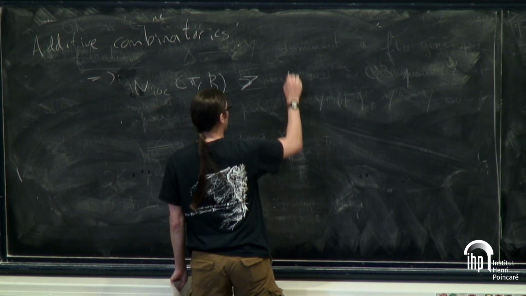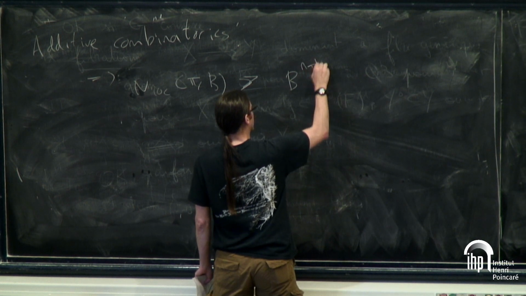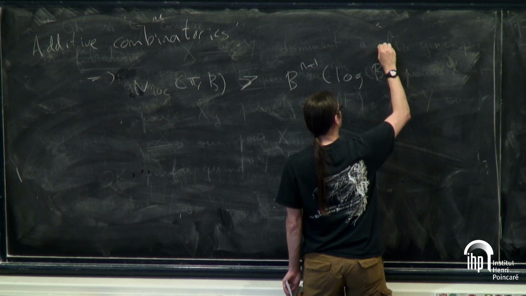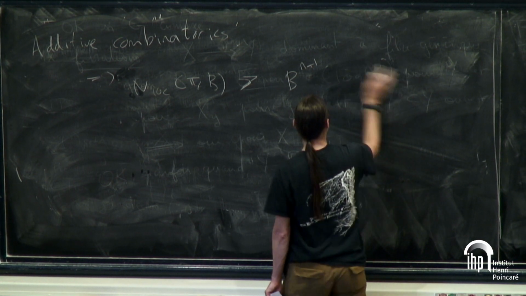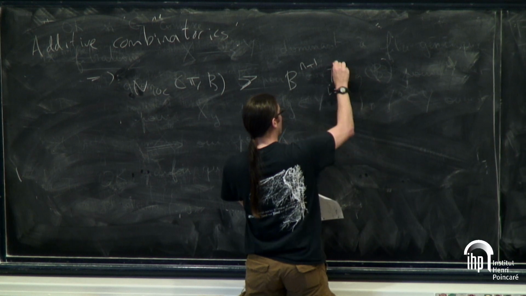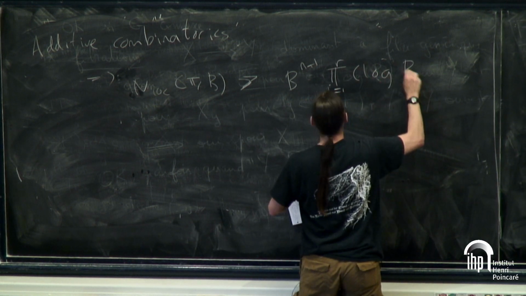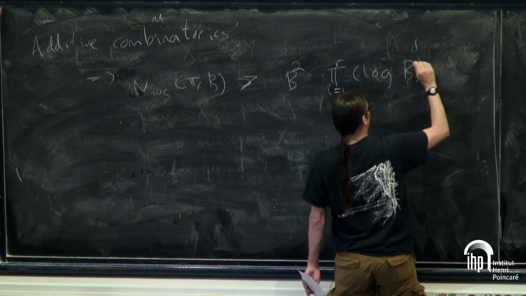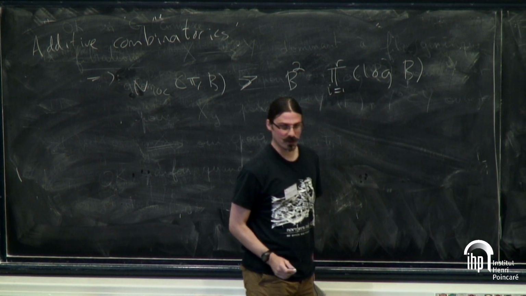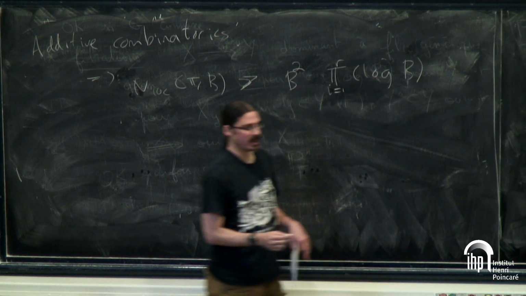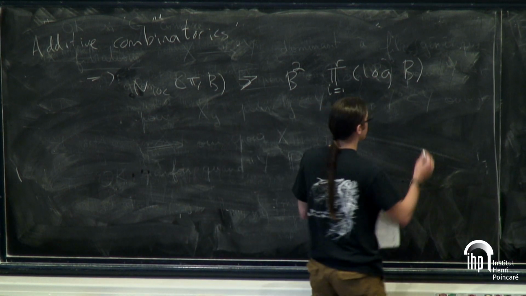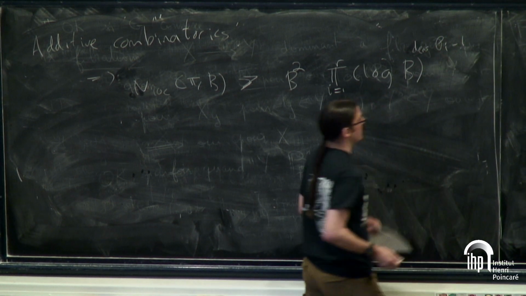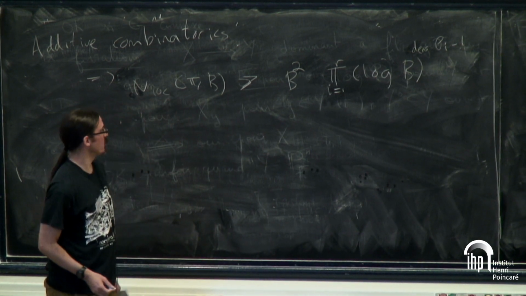But anyway, it's bounded above by B to the n plus 1, and then you get log B to the power of the product, i equals 1 to r. And then you need the order of the singularity of the corresponding Dirichlet series, which, since mine is just an indicator function for sets of primes, you just take the density of the set of primes I was allowing, and then minus 1.